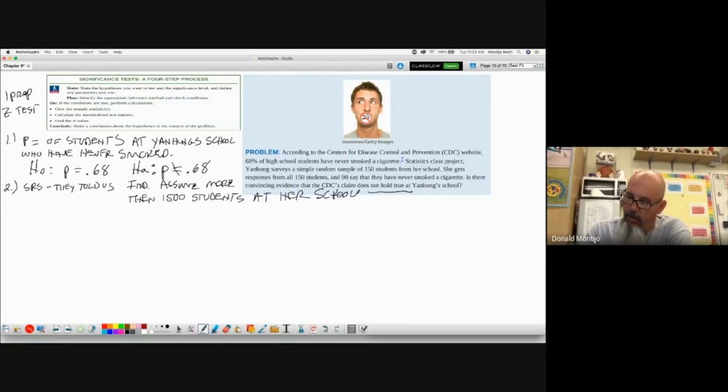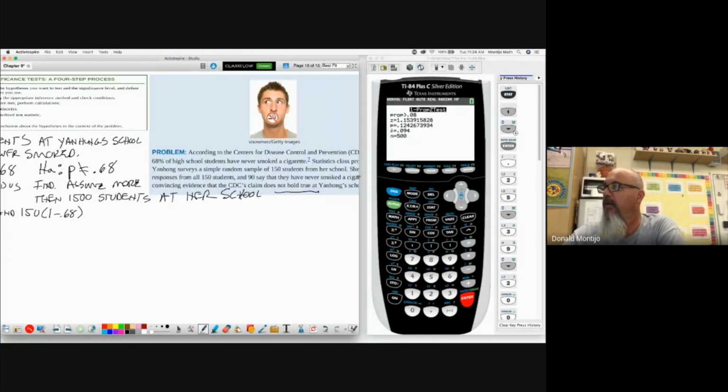And then normality. Well, n, 150, times p naught, 0.68, and n, 150, times 1 minus p naught, 0.68, both must be greater than or equal to 10. So what is 0.68 times 150? Let's find out.